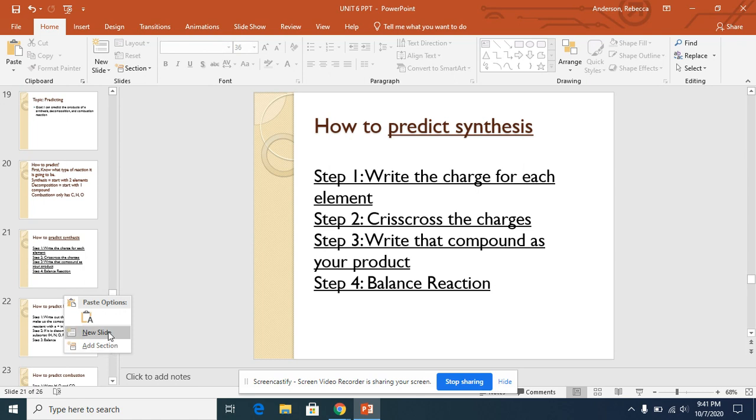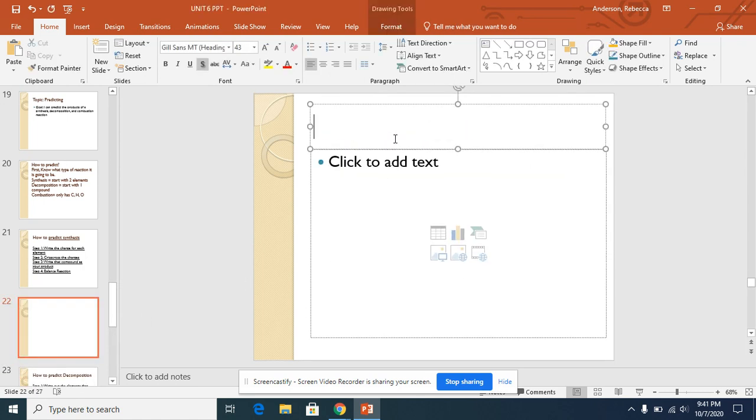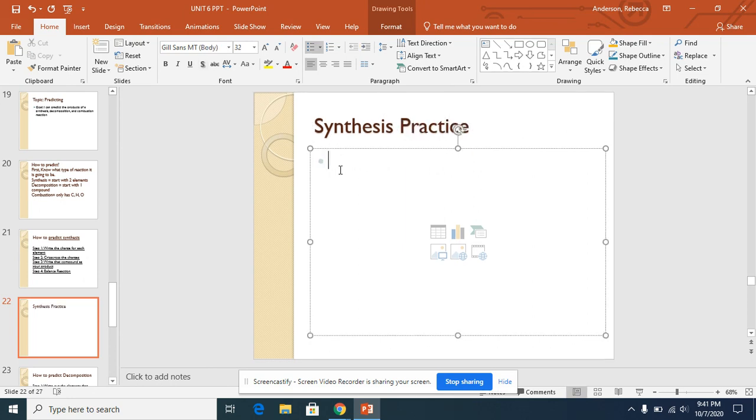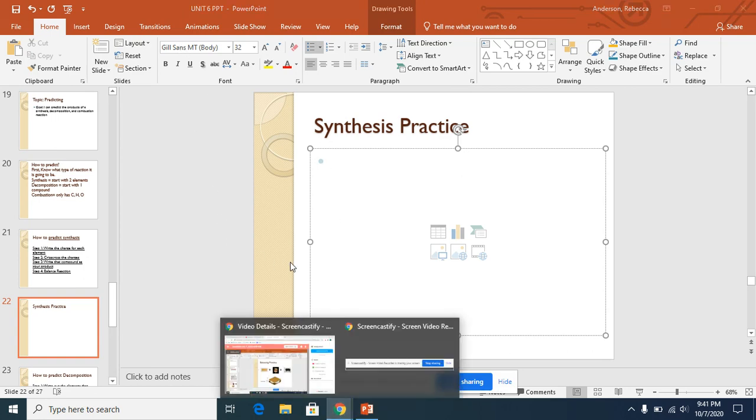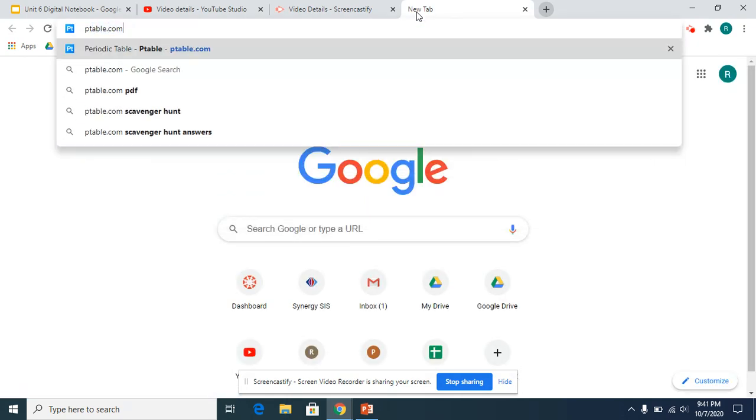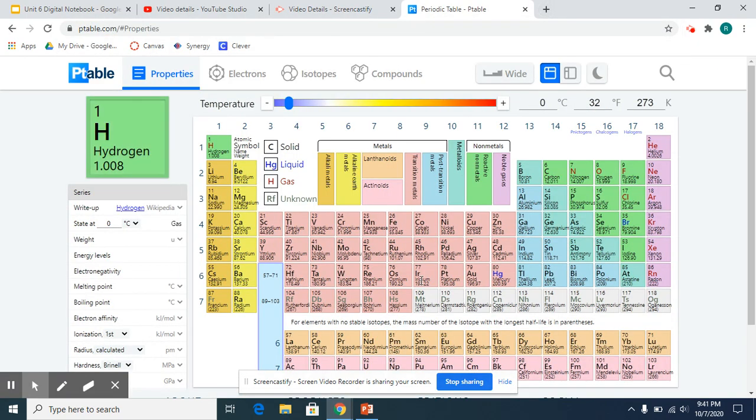So, synthesis practice. Our first practice problem we're going to do together, let's pull up table.com.